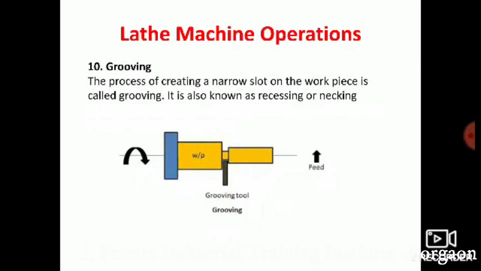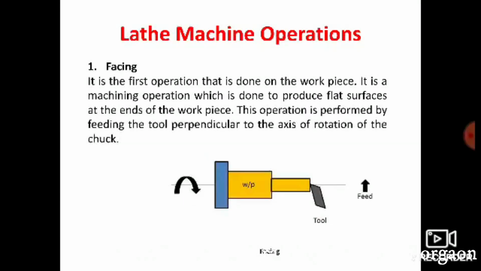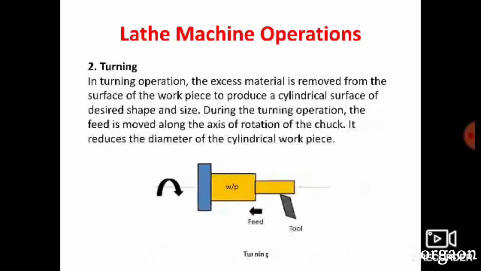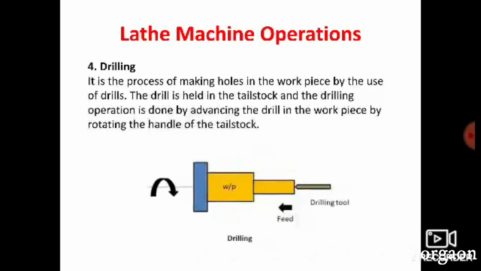So let's summarize it. The very first operation is facing, and it is basically used to produce a flat surface over the end. Then turning, to remove the material over the surface of the workpiece to reduce its diameter. Next, boring, a method of enlarging the diameter of a previously drilled hole.